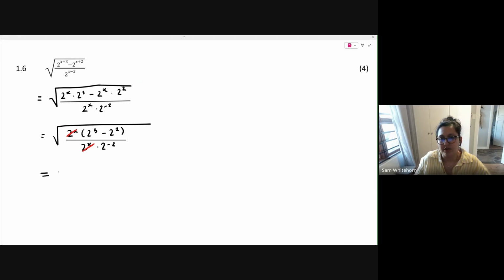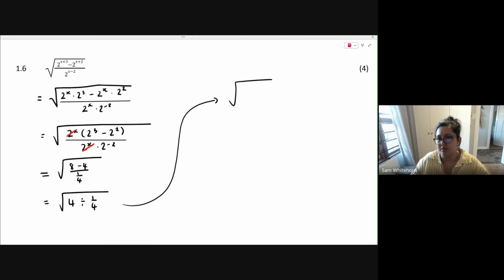We are left with 2 cubed, which is 8, minus 4, over essentially a quarter. So 8 minus 4 is 4, and we've got 4 divided by a quarter, which ends up being 4 times 4, square root 16, which gives us positive 4.